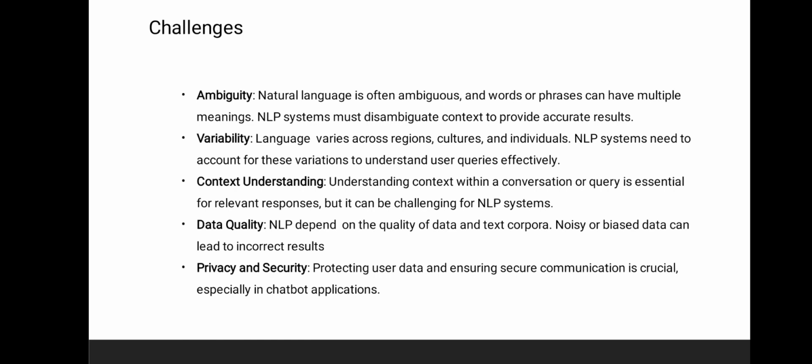Ambiguity: natural language is often ambiguous, and words or phrases can have multiple meanings. An NLP system must disambiguate content to provide accurate results. Variability: language varies across regions, cultures, and individuals. NLP systems need to account for this variation to understand user queries effectively.